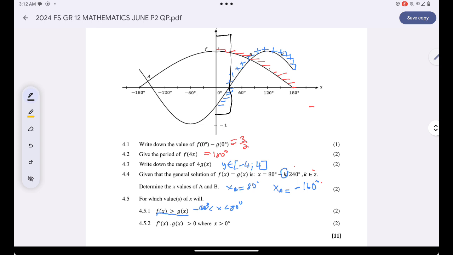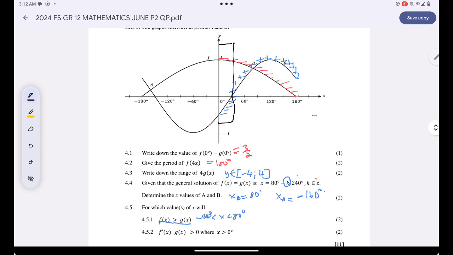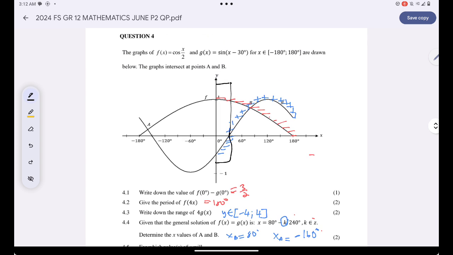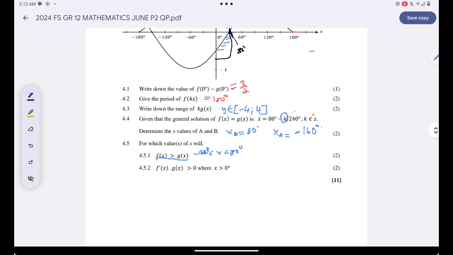If you multiply the two, we will get a positive answer. The x value there is 30 degrees, because my graph was shifted 30 units to the right, so 30 was the starting point. So I'll simply say when x is between 0 and 30.